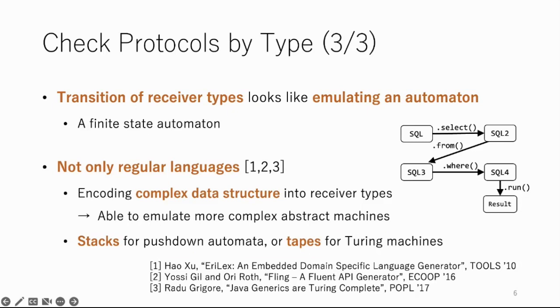Since an advanced automaton uses a complex data structure in it, we have to encode such data structure in the receiver type to simulate such an advanced automaton. For example, to simulate a push-down automaton, we encode stacks into receiver types, and to simulate Turing machines, we encode tapes into receiver types.